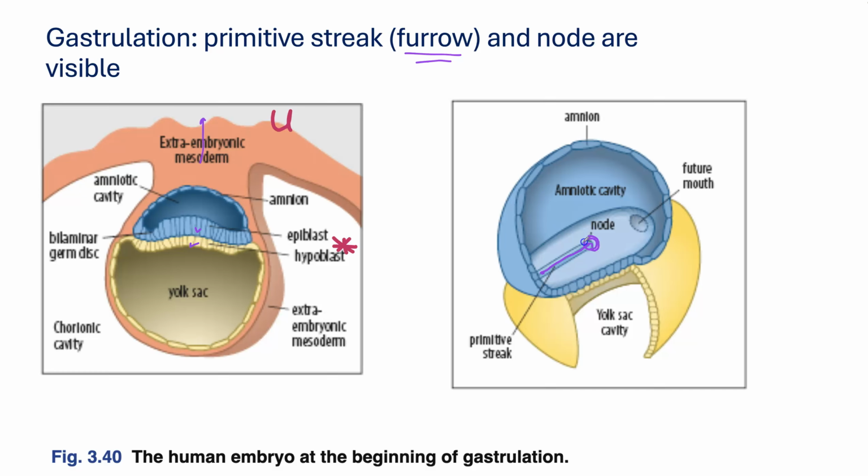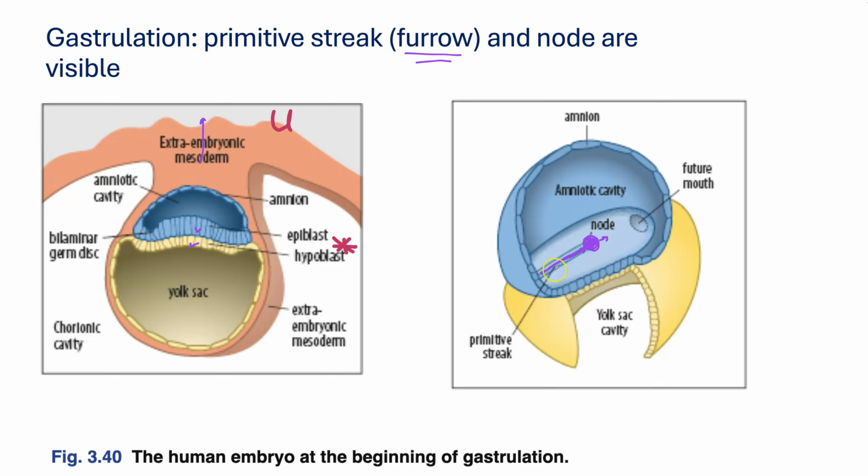And then when it reaches the maximum distance, there is a visible node. You can see it. The cells actually look a bit different, but they aren't always the same cells throughout the development. But just like in the mouse at this point, the node kind of stays in place and the cells move forward. Okay. And ahead of the node, the head process and that sort of thing is formed.